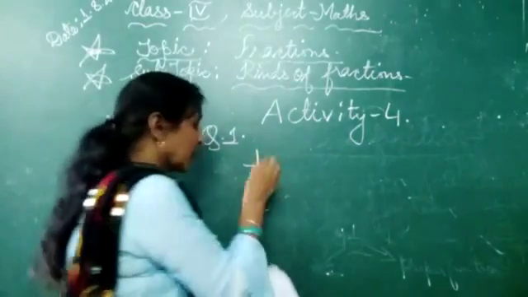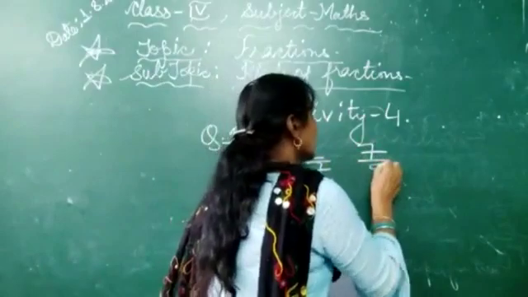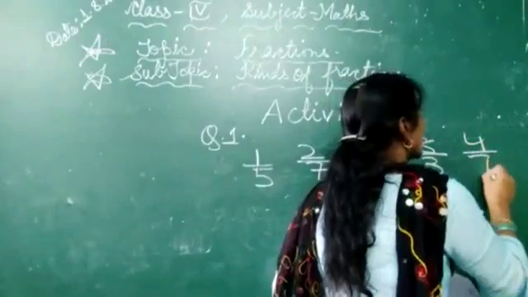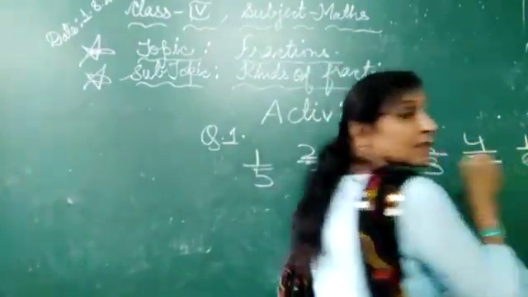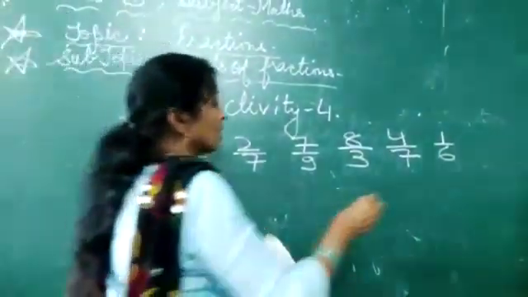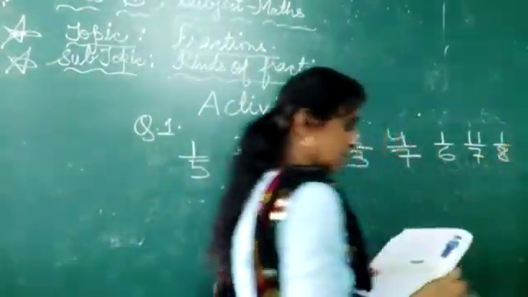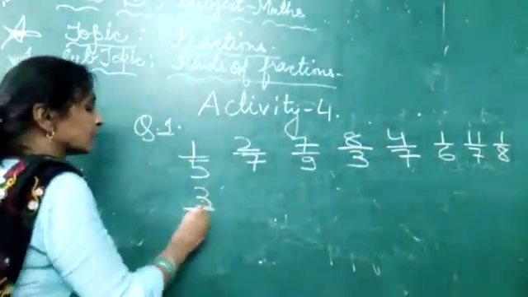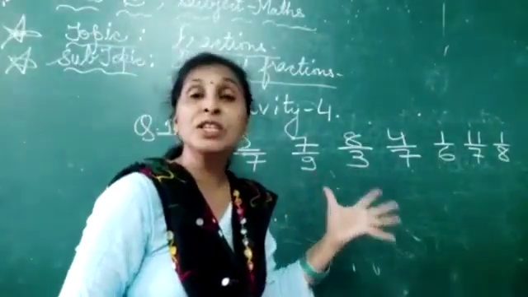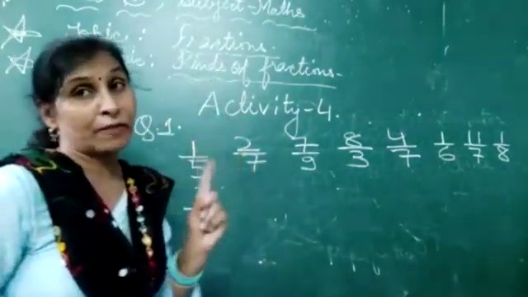It is 1 upon 5, 2 upon 7, 7 upon 9, 8 upon 3, 4 upon 7, 1 upon 6, 11 upon 7, and 1 upon 8, and then 3 upon 7. All these fractions are given. Now you encircle the like fraction.